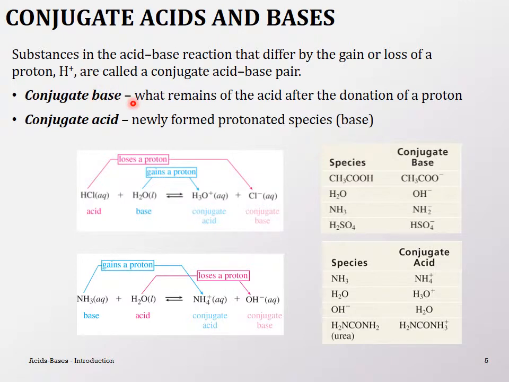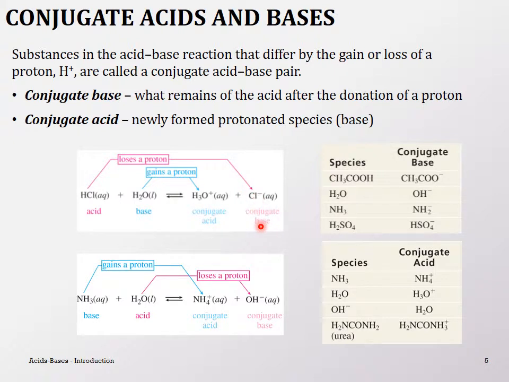All right. So here is an example of a reaction where you can see this. For example, you have HCl and H2O, just a simple ionization reaction. So hydrochloric acid, which is the acid, loses a proton to give hydronium ion, and it will also give Cl minus ion. So the acid over here will give Cl minus, the chloride, which is now called the conjugate base.